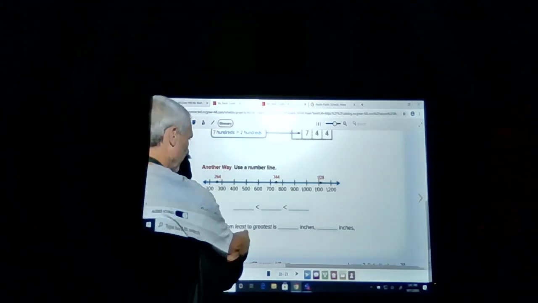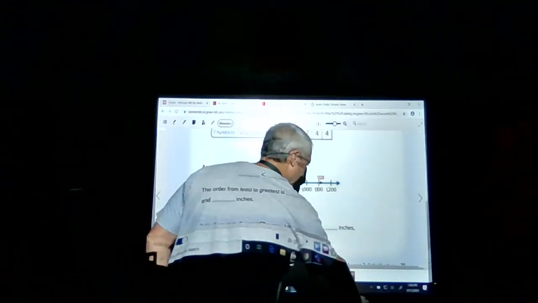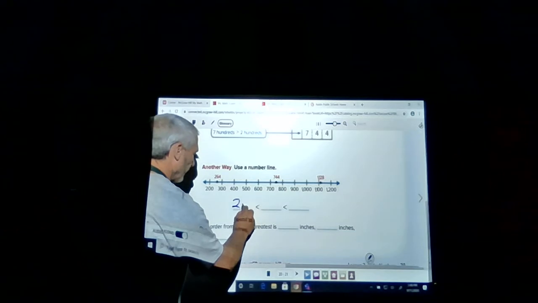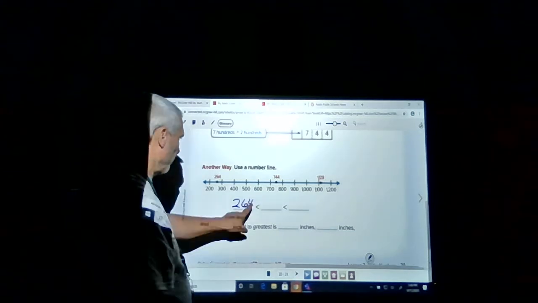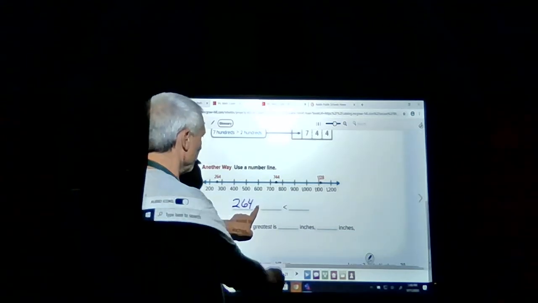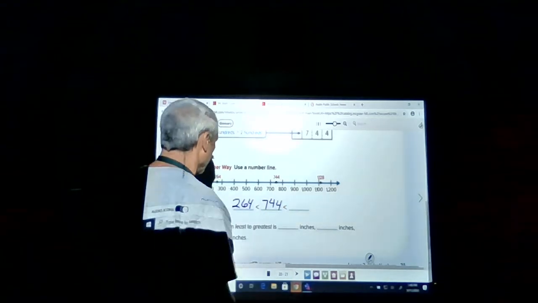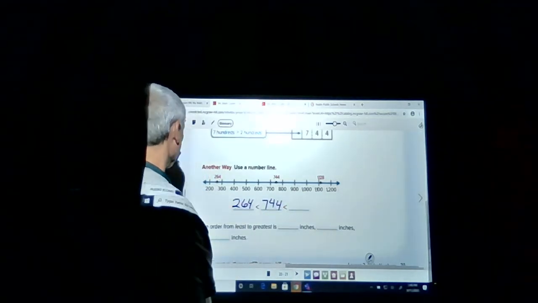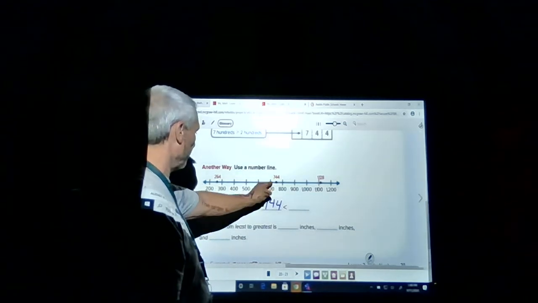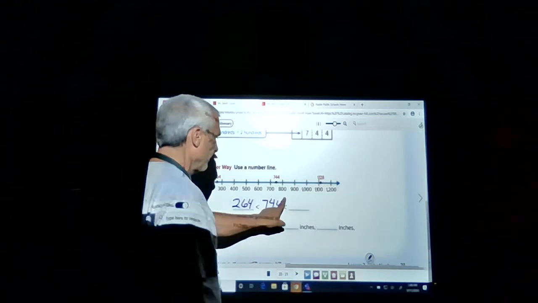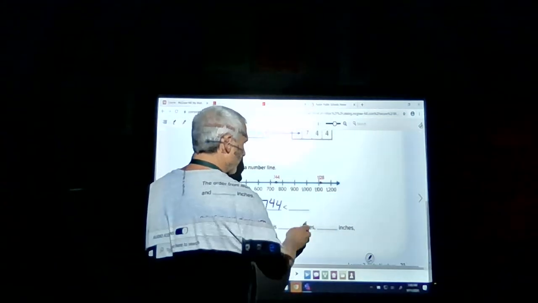So the order from least to greatest, least, the smallest. And again, the smallest is 264. And if we were writing this, we'd put our finger and put a space, and then we'd write the next numbers, 744. So 264 is less than 744, and 744 is less than space 1,128.